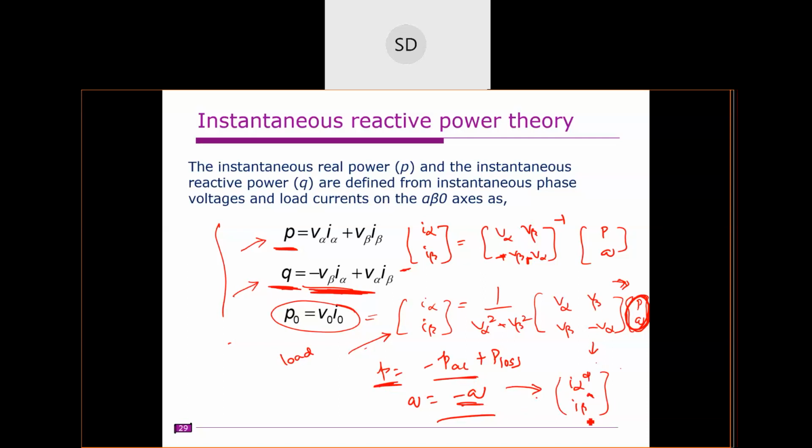This star indicates the reference D-STATCOM currents. We are just back-calculating. This is the original equation to calculate I alpha, I beta when the powers are given, so based on that we generate the equations for the reference currents.